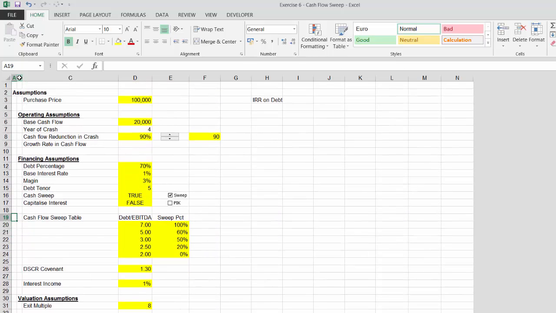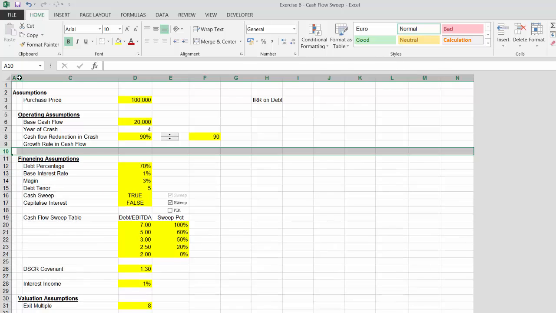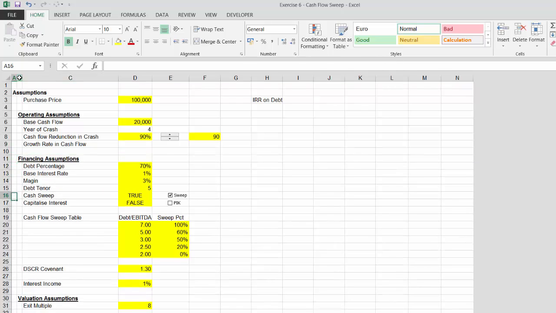We do need to put a little bit of, okay, fine. I'm going to do this without CapEx and without depreciation. So this is cash flow, and this is cash flow after CapEx. And we're going to have no taxes and so forth.